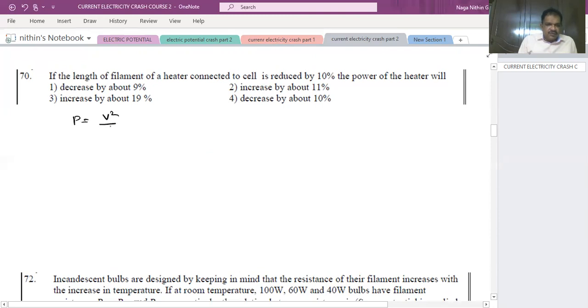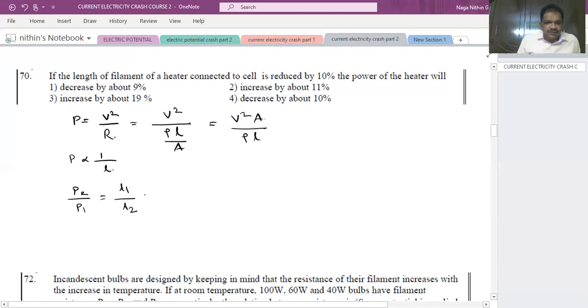P is equal to V square by R. R is equal to rho L by A. So P is equal to V square A by rho L. P proportional to 1 by L. So P2 by P1 is equal to L1 by L2.